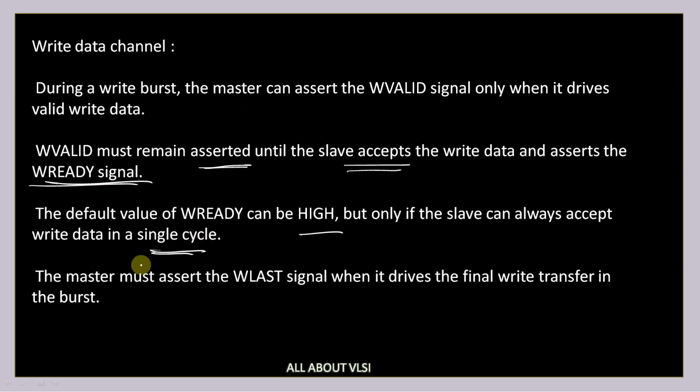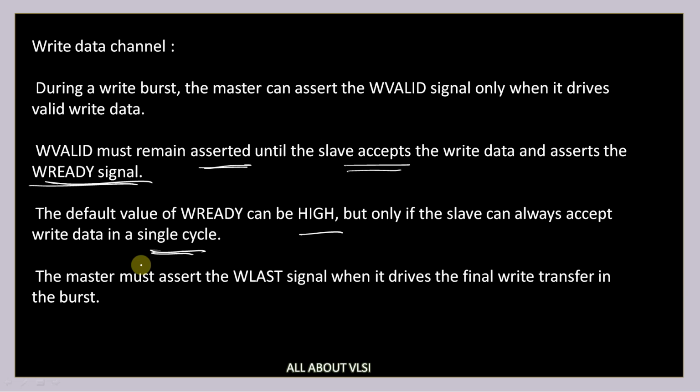The same scenario which we have seen in our address channel, we are also going to follow in the write data channel. So if the slave can accept the data within a single cycle, the default value of W ready, which is asserted by the slave, can be high. But if our slave cannot accept the data within a single cycle, then it should not keep this default value high.